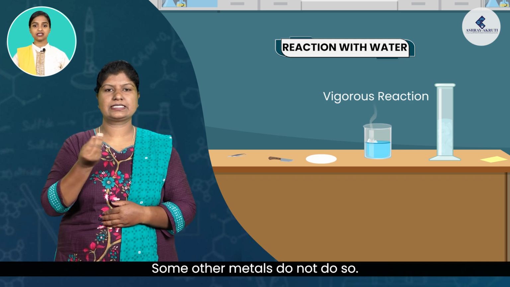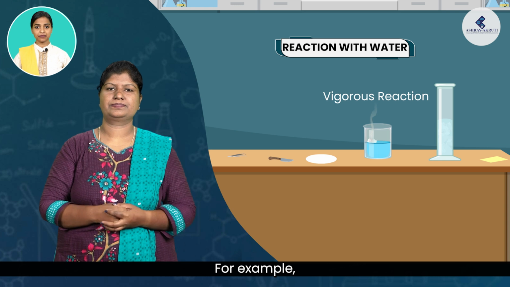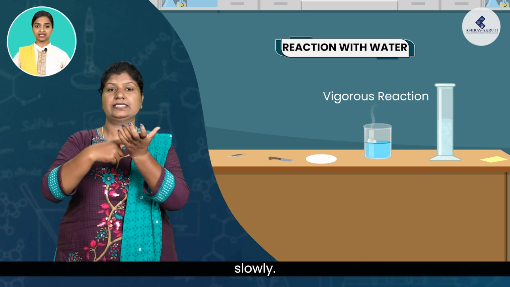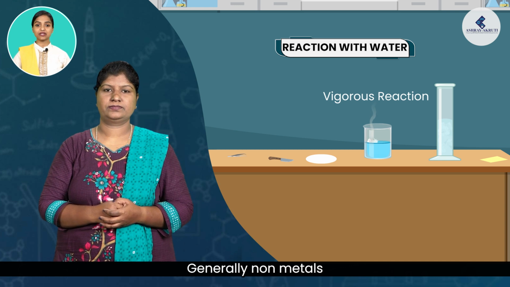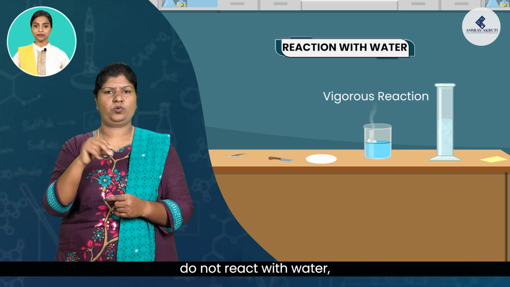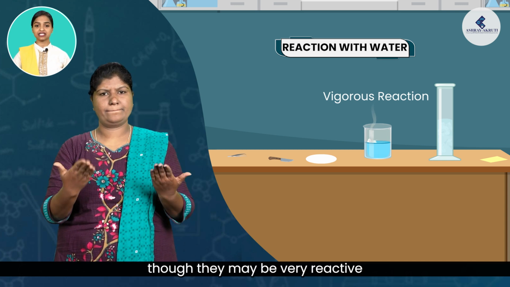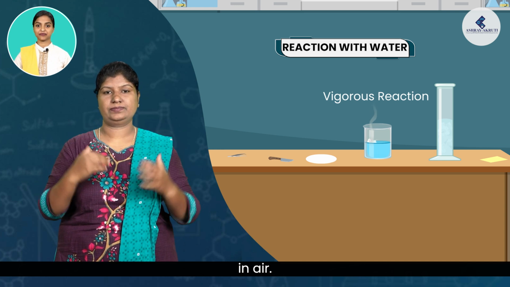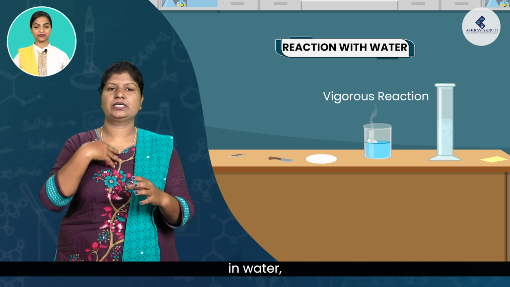Some other metals do not do so. For example, iron reacts with water slowly. Generally, non-metals do not react with water, though they may be very reactive in air. Such non-metals are stored in water.